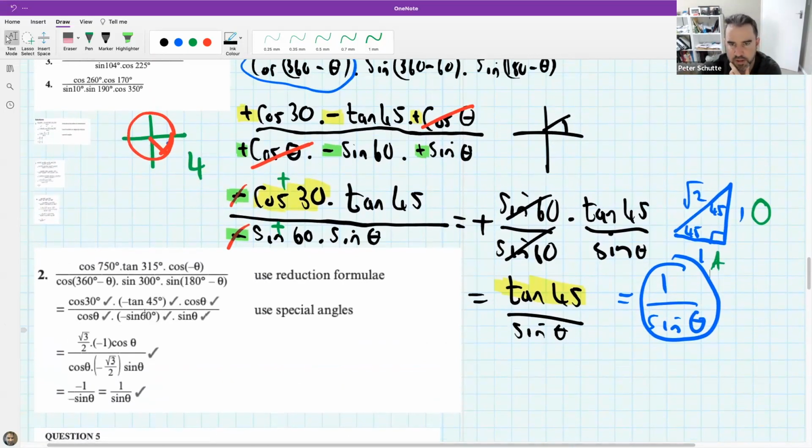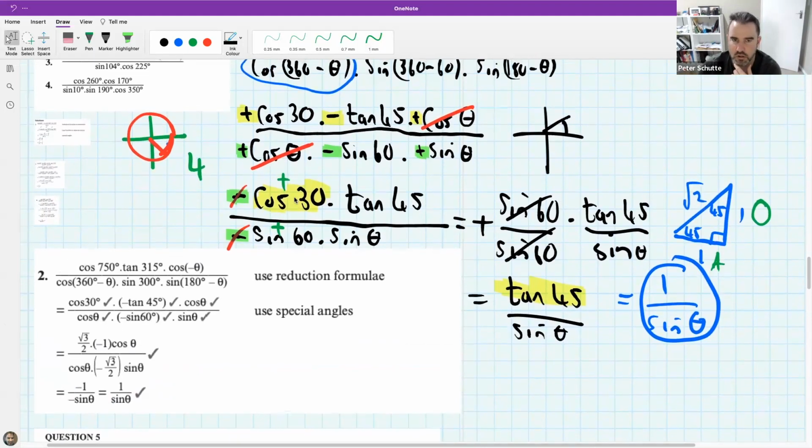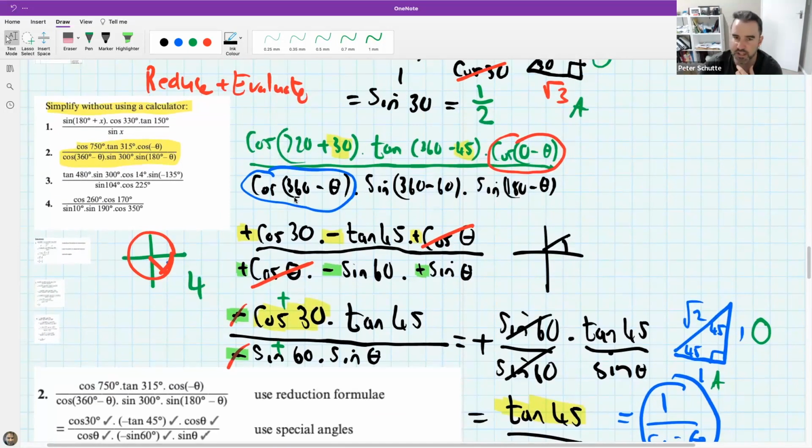Could you please re-explain how the tan of 45 became negative? Okay. All I did over here, okay, let's go back to the very beginning. So if you look at this tan of 360 minus 45, can you see this is the same as the tan of 315?